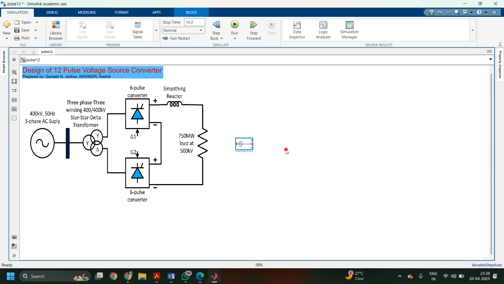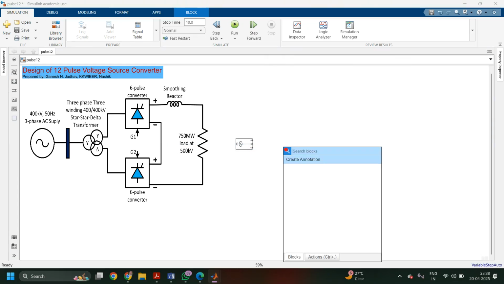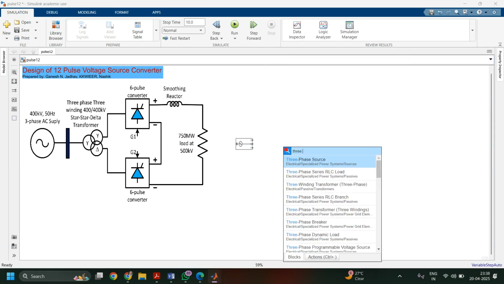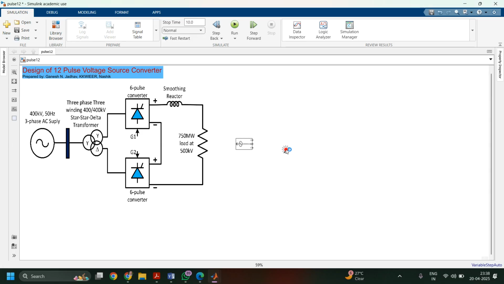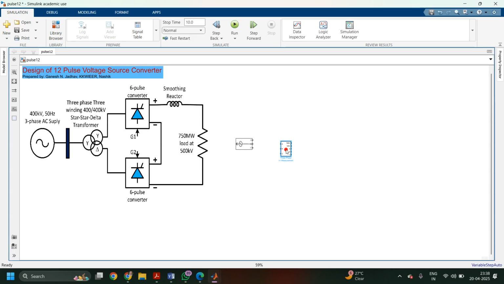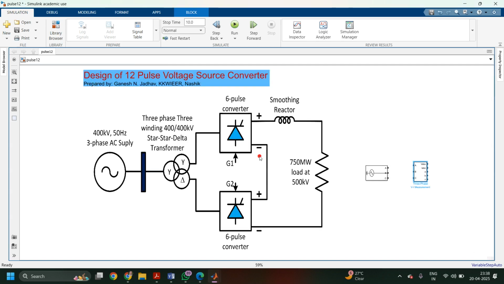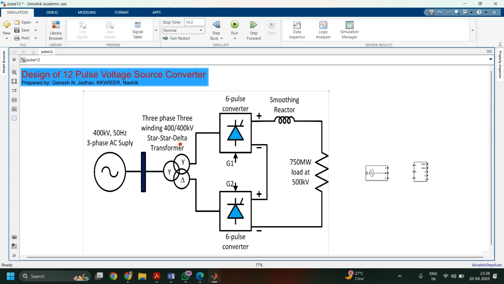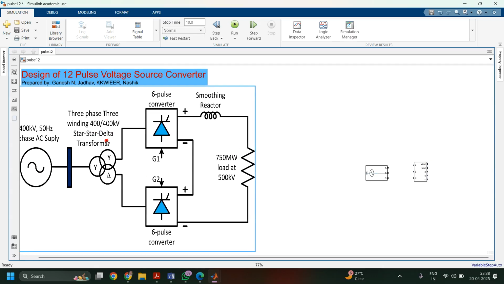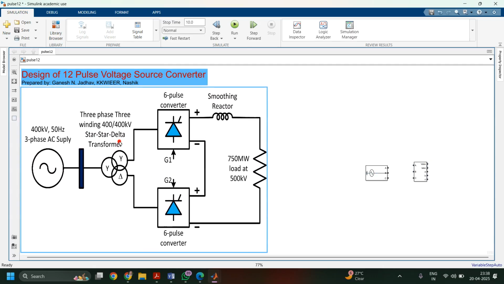Now I need a voltage measurement block. So three-phase VI measurement. Let me zoom in and shift over here so it will be easy for us.